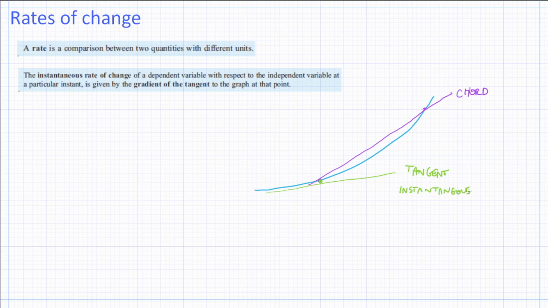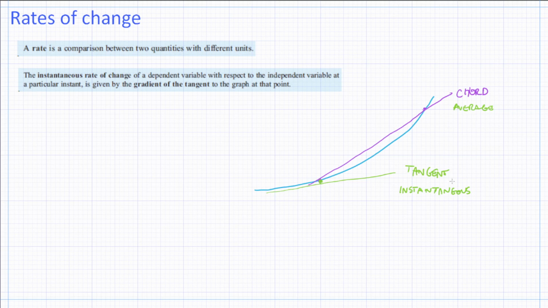Now, this is the instantaneous rate of change, and this chord here is going to be our average rate of change. So when we take 2 points, there will be an average, and when we manage to get a tangent, that will give us an instantaneous rate of change.